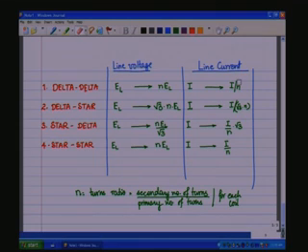Likewise, you could see that if n is greater than 1, the line currents in the case of the delta are going to be less on the secondary side.